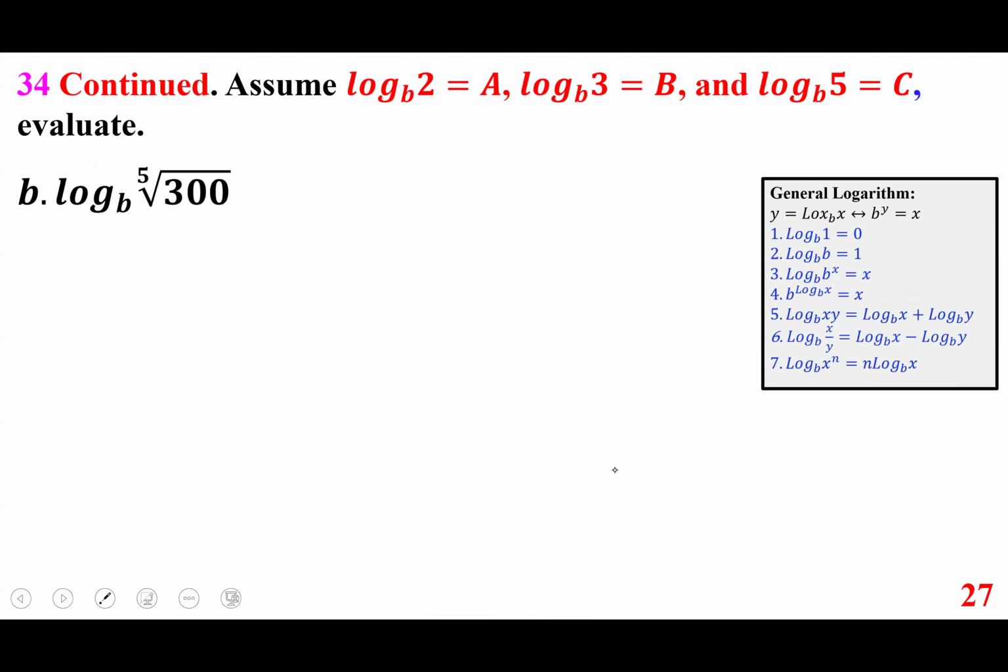We look at the second part of this question. Where we are interested in finding log base b of the 5th root of 300, everybody.